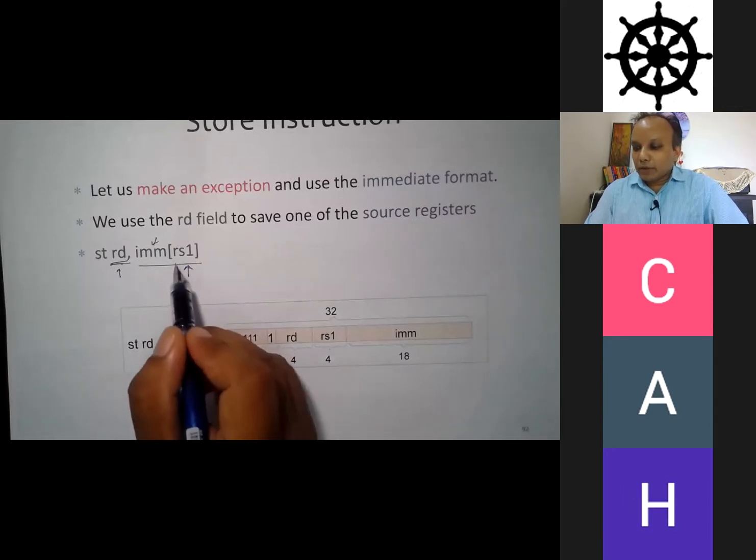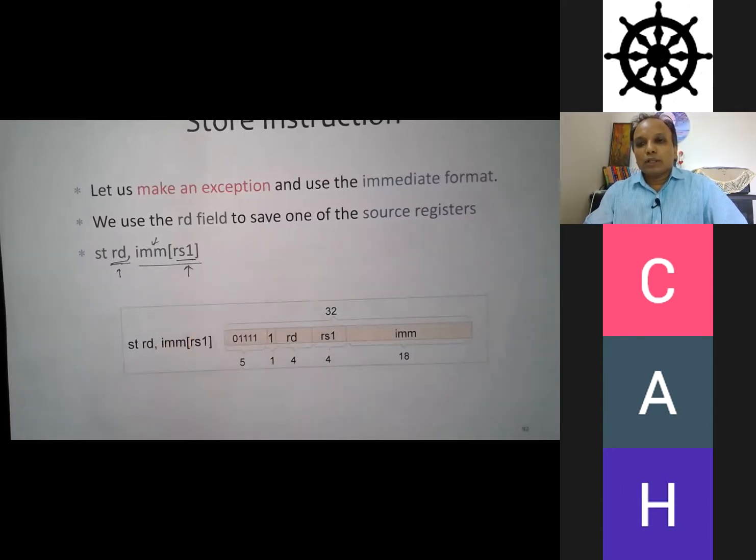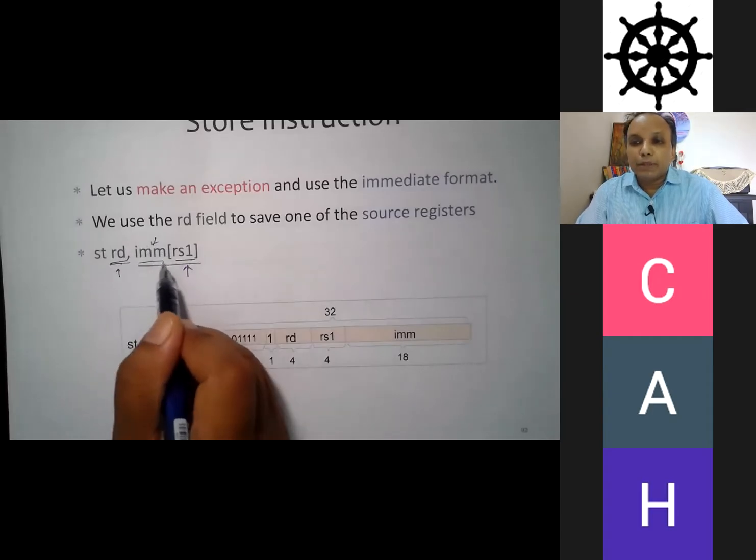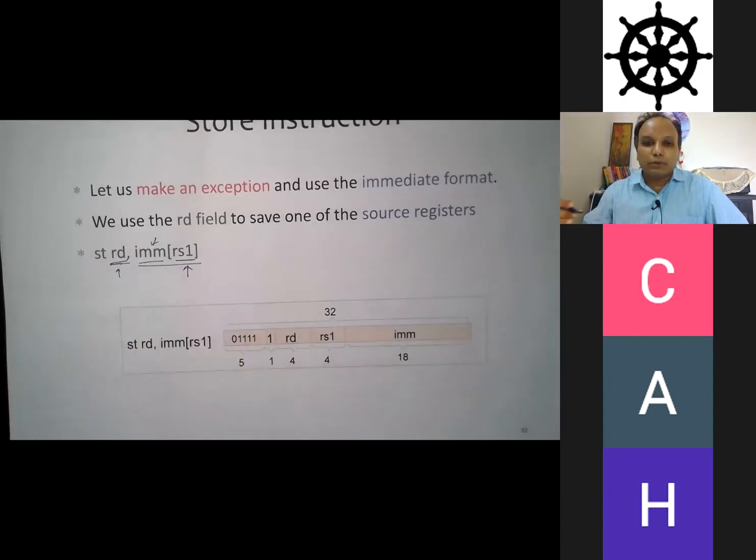Now the base address will be storing the starting point of the array. If the array contains, let's say, integers, then I know that the next element of the array will be base plus 4, and then the third element will be base plus 8, base plus 12, and so on. So these 8, 12, these are your immediate values. So these are generally represented using immediate values. In this way, the addressing becomes much more systematic and simpler.